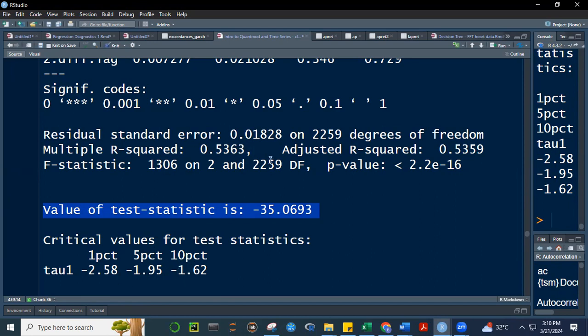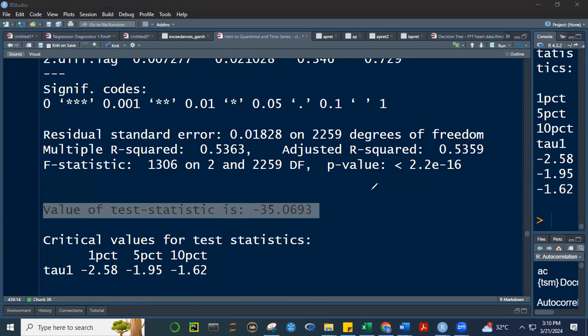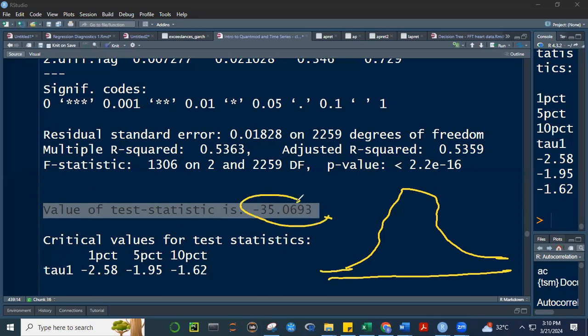If you recall our previous discussion of the t distribution, our t-stat is negative 35.0963, and you have here the critical values at different significance levels.